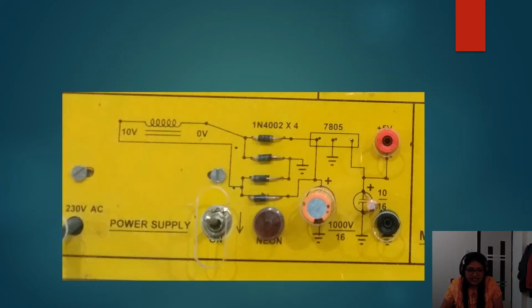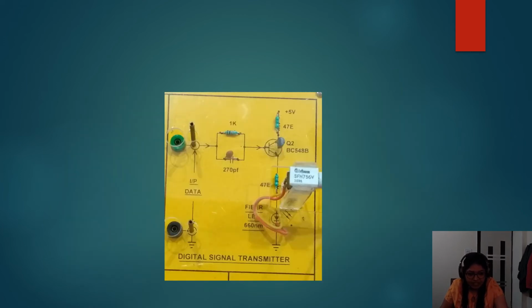This is the next, the power supply, to operate this circuit. The next and very important circuit is the digital signal transmitter. Here we are using a 660 nm LED, Infineon SFH 756V.